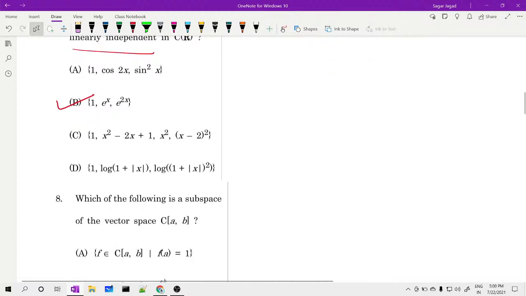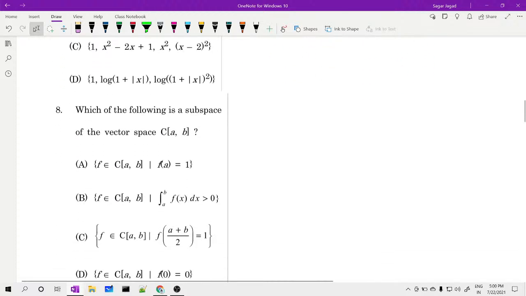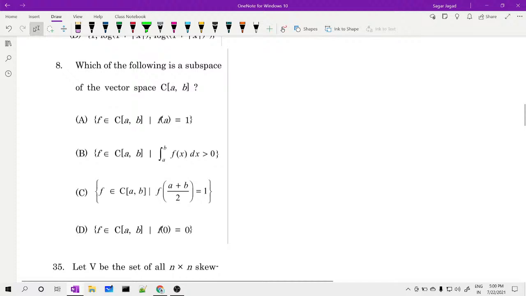So good question again. Which of the following is a subspace of the vector space C[a, b], the set of all continuous functions on the interval [a, b]? Okay, let's see about this. What we can do is, f is an element of C[a, b], and f of a is nothing but 1. Okay. So I feel that this first one itself is not a subspace.